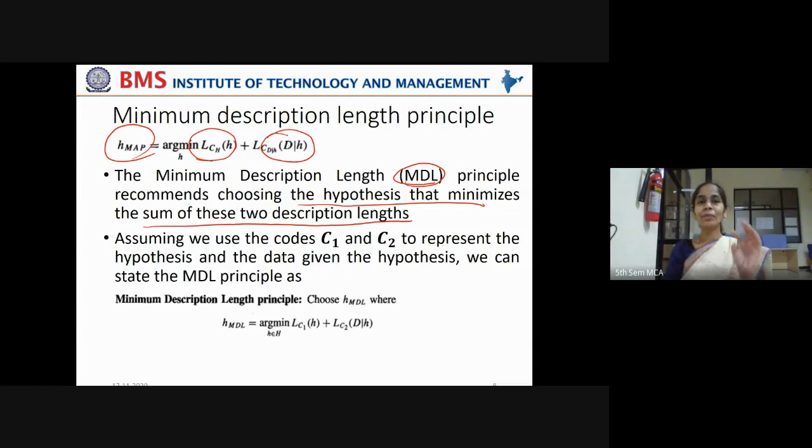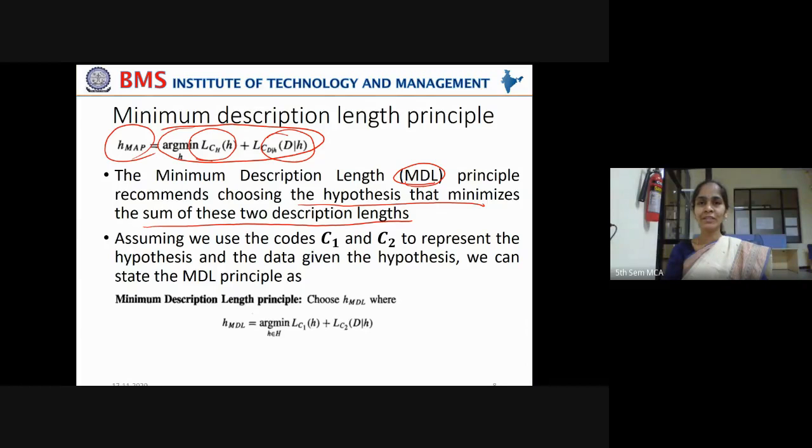You understood now? Maximum a posteriori hypothesis means the maximum likelihood hypothesis. The best solution you are searching for is nothing but the minimized length of description for this hypothesis. That is the minimum description length principle.